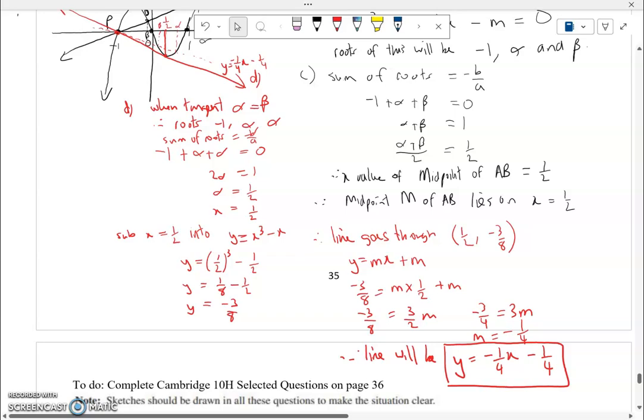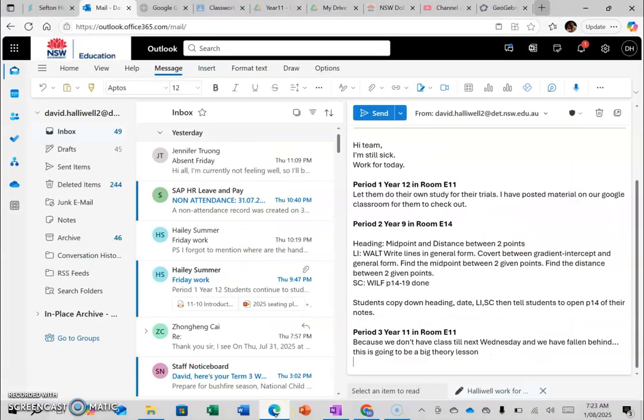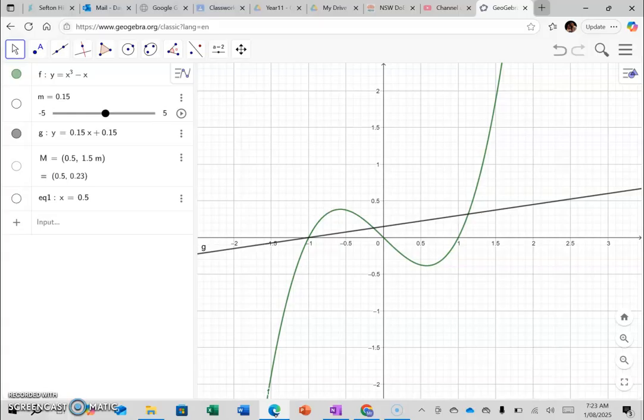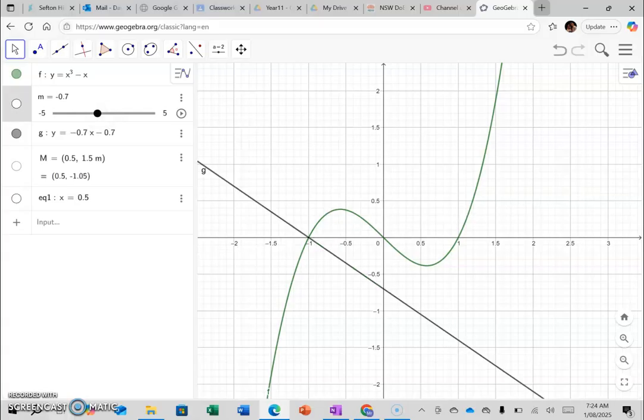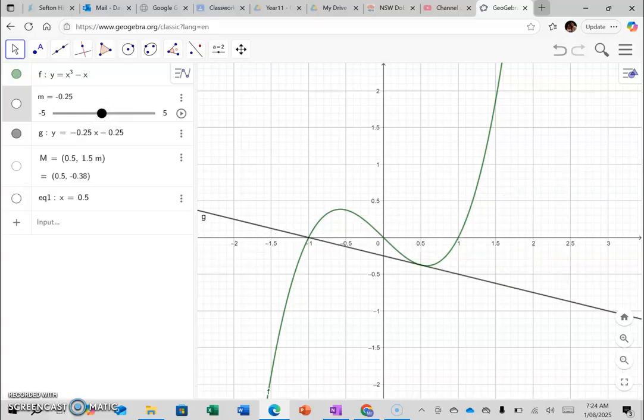Alright, let's see if we can see this visually quickly. Okay, I did a little demo. Alright, so here's the situation playing out, and what I've done is I've made it so that we can vary the gradient. And remember, the key gradient we're looking for is -1/4. And at -1/4, if I can get it to -1/4, there, spot on, -1/4.